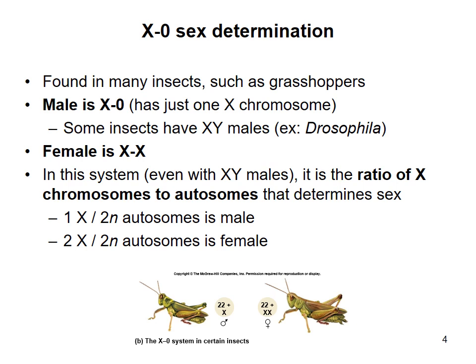At the bottom of the slide, it says that if you only get one X chromosome compared to your normal number of autosomes, then we're looking at a male. So this is our X and nothing else. That's what the O represents. On the other hand, if you inherit two of your X chromosomes over the normal amount of autosomes, then we're looking at a genetic female.